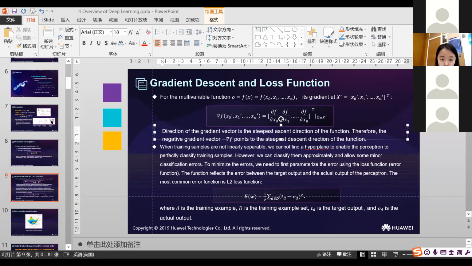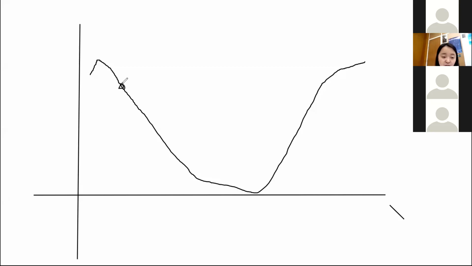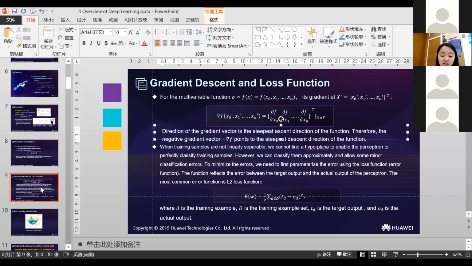For example, going back to the whiteboard, if we are randomly dropped here, in 2 dimensions, that is the direction of the gradient. We need to go down, following the opposite direction. So that is minus gradient. That is the direction in which we need to update our weights and bias, the opposite direction of the gradient.